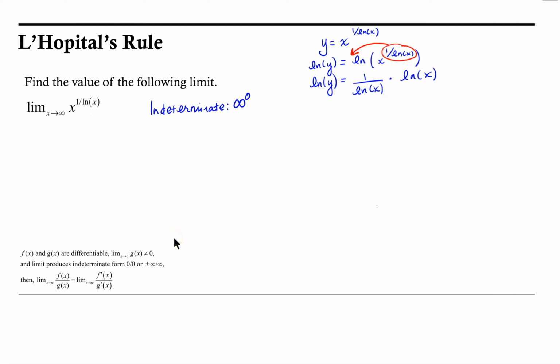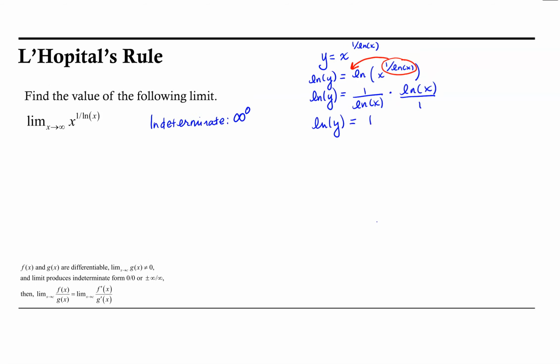Now notice that as we did that, we have, in essence, 1 over the natural log of x times the natural log of x over 1, which simplifies to the natural log of y equals 1. In this form, notice that we have resolved any indeterminate issues and have actually arrived at a constant 1.